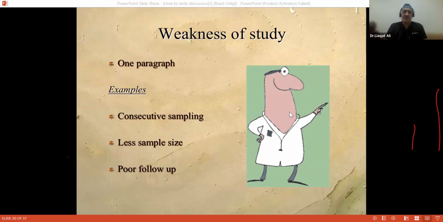हम लोग कभी कभी मेंशन करते हैं 500 केसेस हमने किए और फिर 500 ही का रिजल्ट दे देते हैं कि 500 में से 400 में इतना आया था और 100 में इतना आया था. This is very much a universal fact that the patient loses the follow-up. So if the follow-up is more, you write it down.